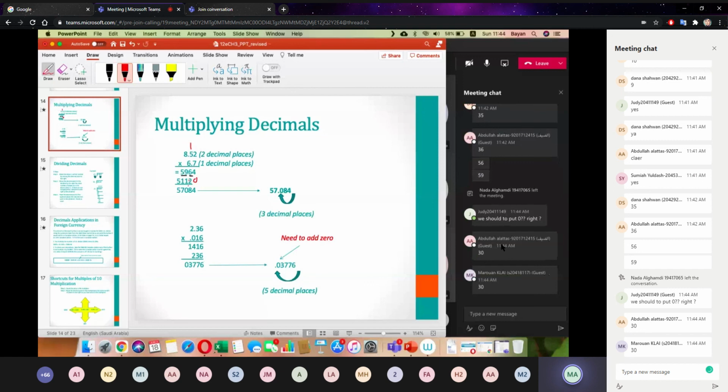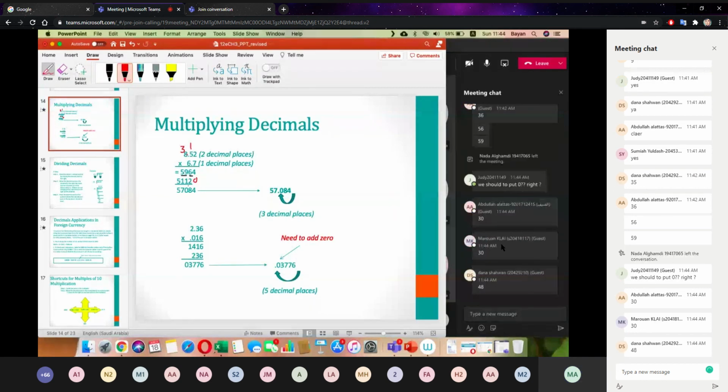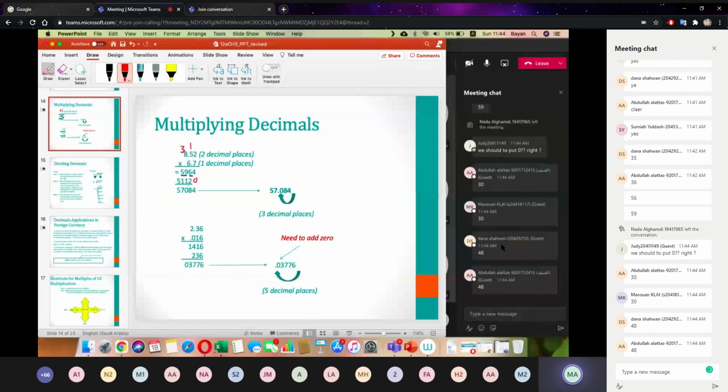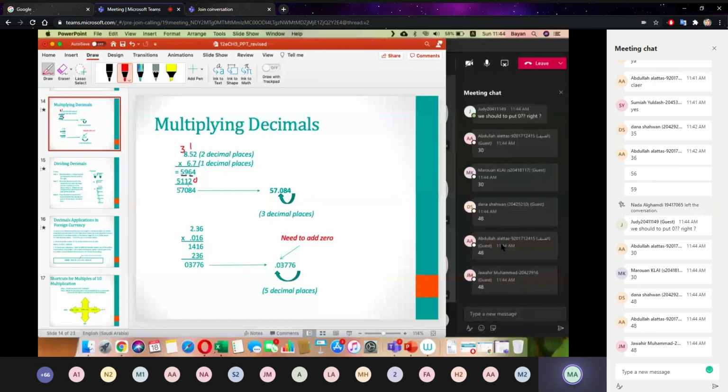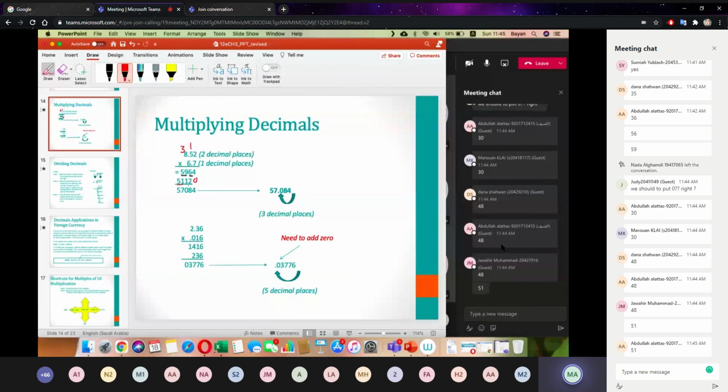So will be 31. So we have 1 here and we add 3 here. 6 times 8, 48 plus 3 will be 51.